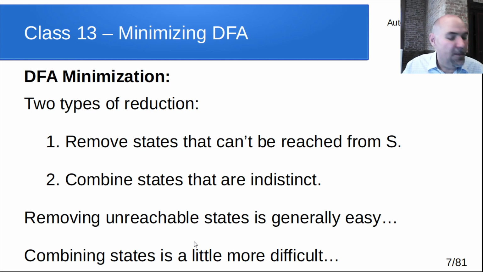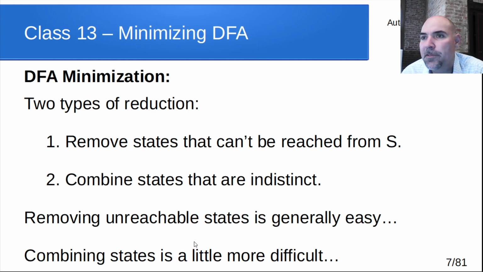Well, to start with is this concept of reduction. There are 2 kinds of reduction that we're going to use to take a large DFA and whittle it down or narrow it down to something smaller. The first kind of reduction involves removing states that we can never get to.